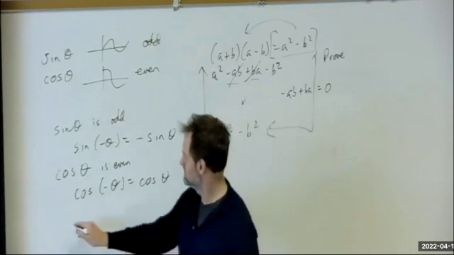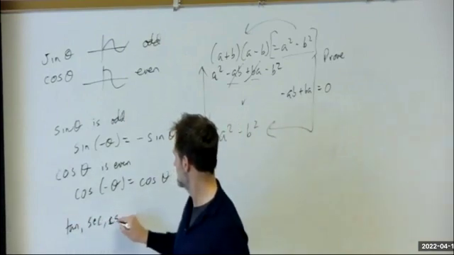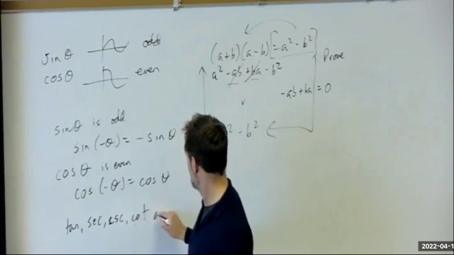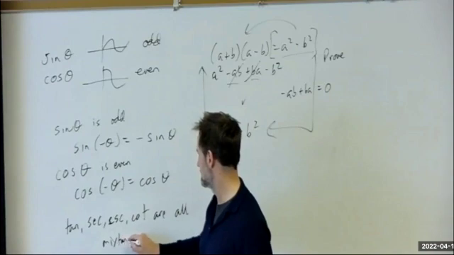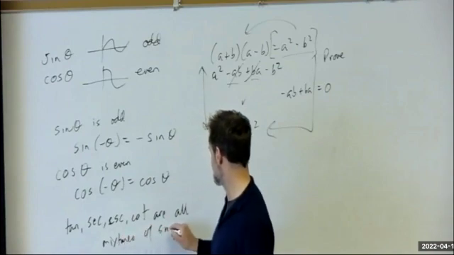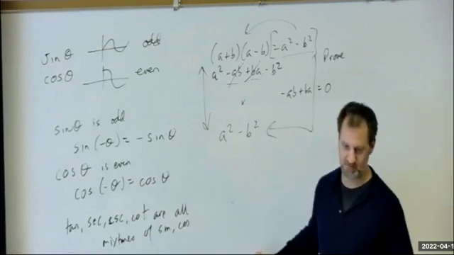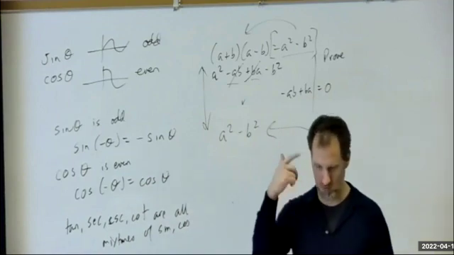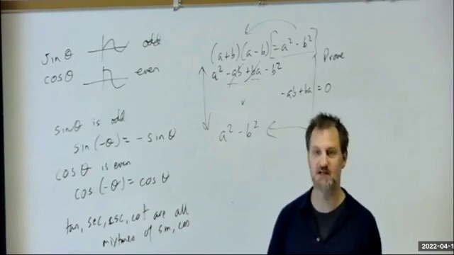We know tan, secant, cosecant, and cotangent are all mixtures of sine and cosine. Can you write them all down from memory? But we wouldn't call them symmetric, right? Wouldn't call what symmetric?